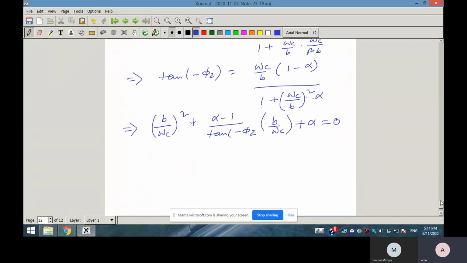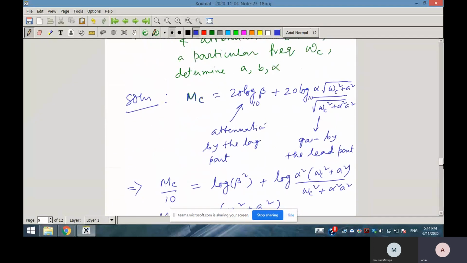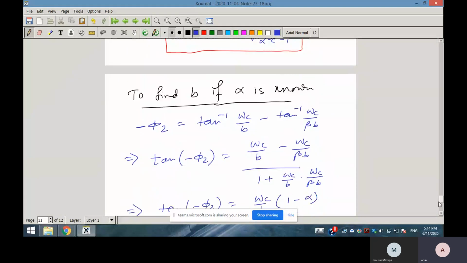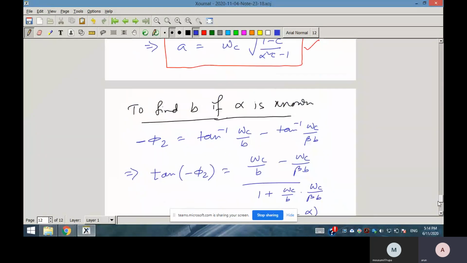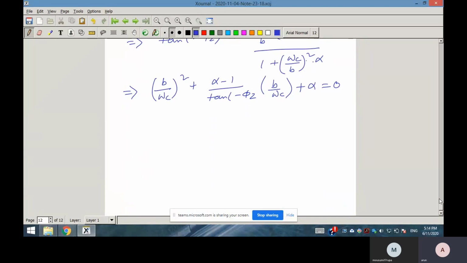So now, you have to solve for b. One can assume that omega c is much greater than b. Otherwise, considerable phase lag will be provided by the lag part, and we are assuming that the phase lag provided by the lag controller is negligible, almost 1 to 5 degree.